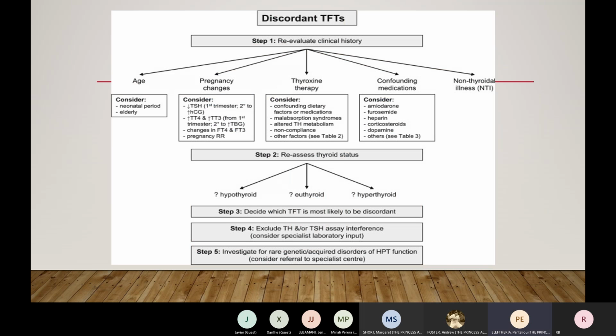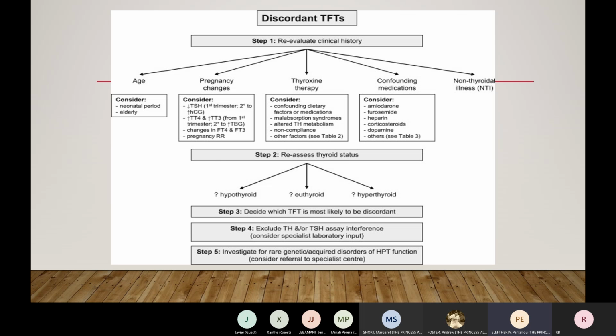So in conclusion, what I would like you to take away today is: perform TFTs in people that need them. Ask the right questions, and if you suspect thyroid dysfunction, order your TFTs. There are going to be a lot of non-thyroidal illness patients with abnormal thyroid function, and you need to be aware of that.